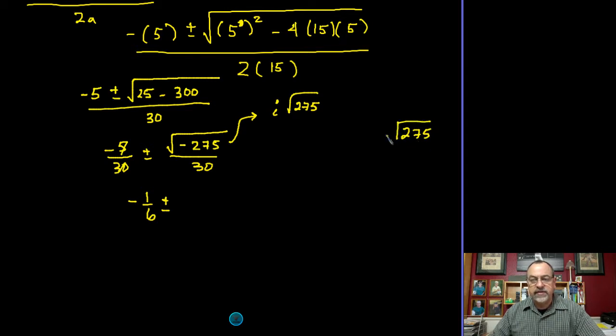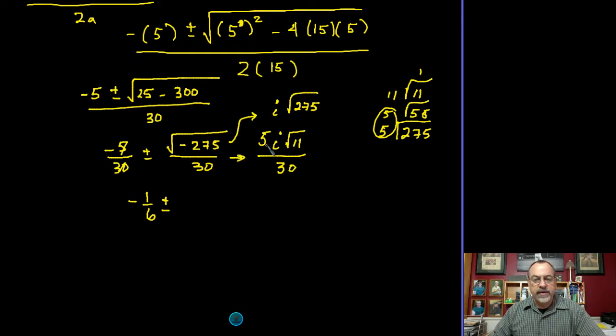It won't divide by 3, so let's do 5. That's 25, 25 is 5 times 5, so we're going to do 5. That will be 11, and 11 is 1. So the two 5's become a 5 outside, so I have 5i square root of 11 over 30.